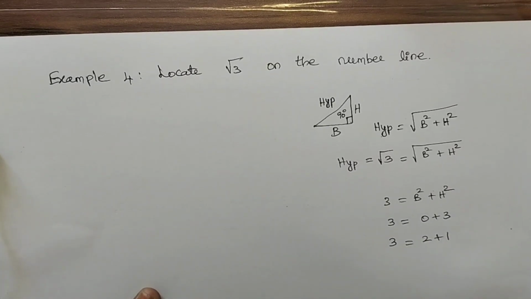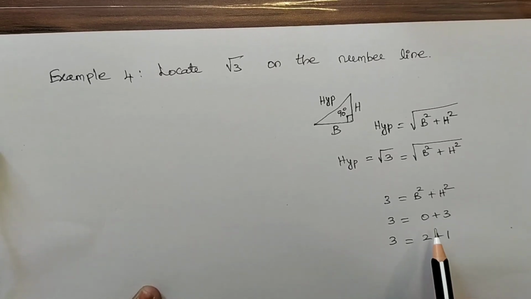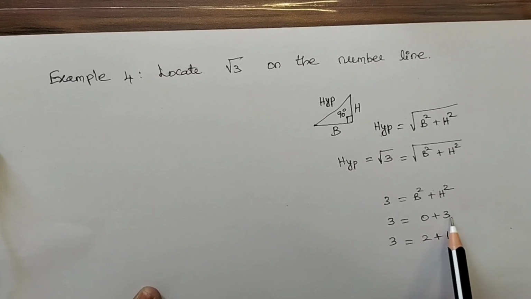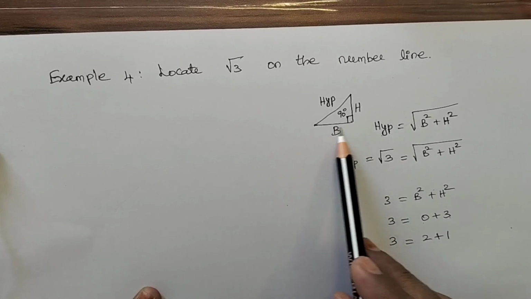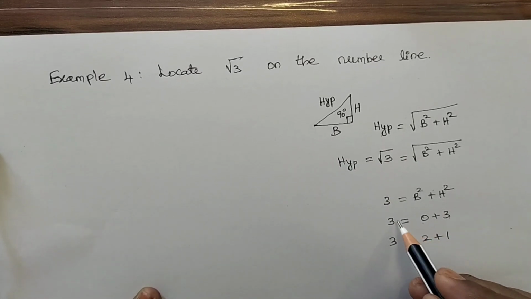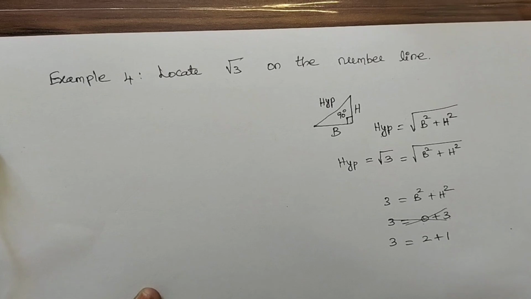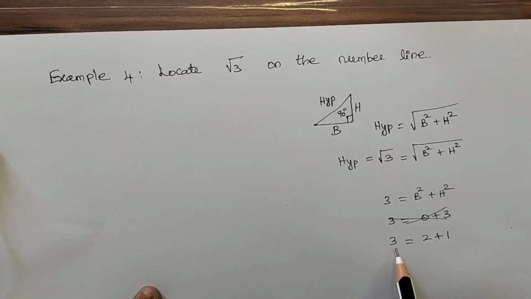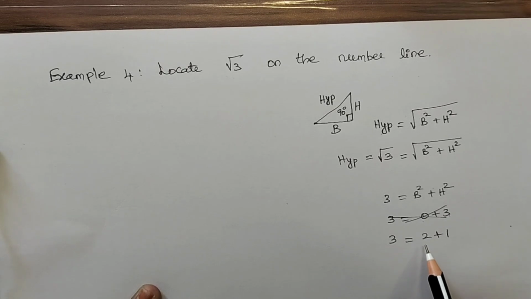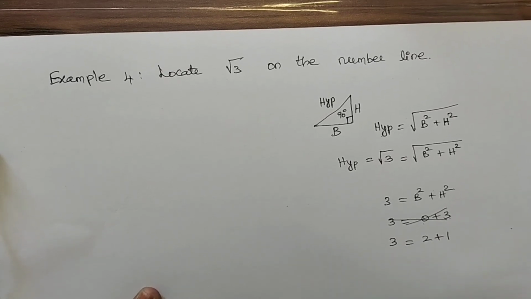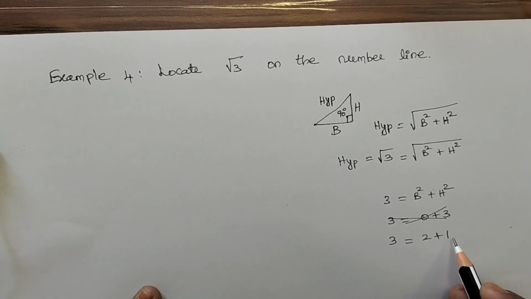Now 0 plus 3 is not possible, because 0 cannot be taken as the measurement of a side, since 0 is null. So the only possibilities are 3 equal to 2 plus 1 or 1 plus 2. Anything you can take. Here I am going to take 2 plus 1.